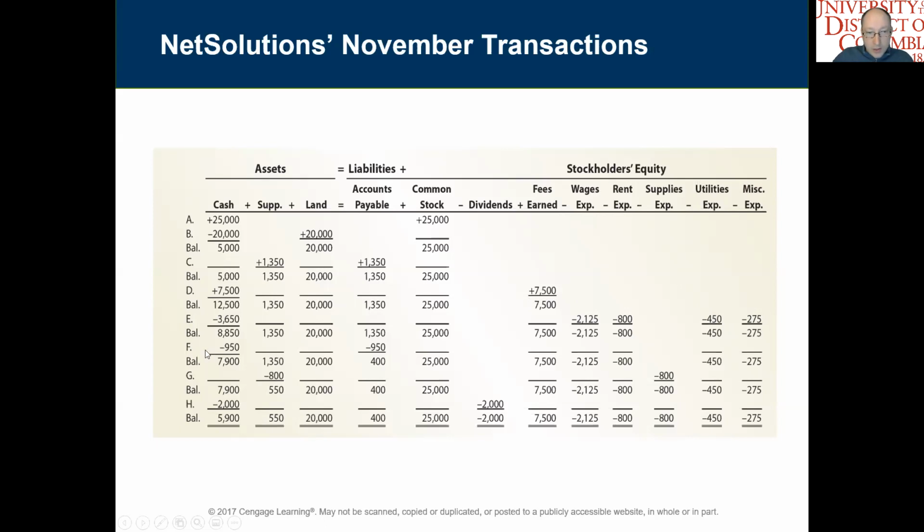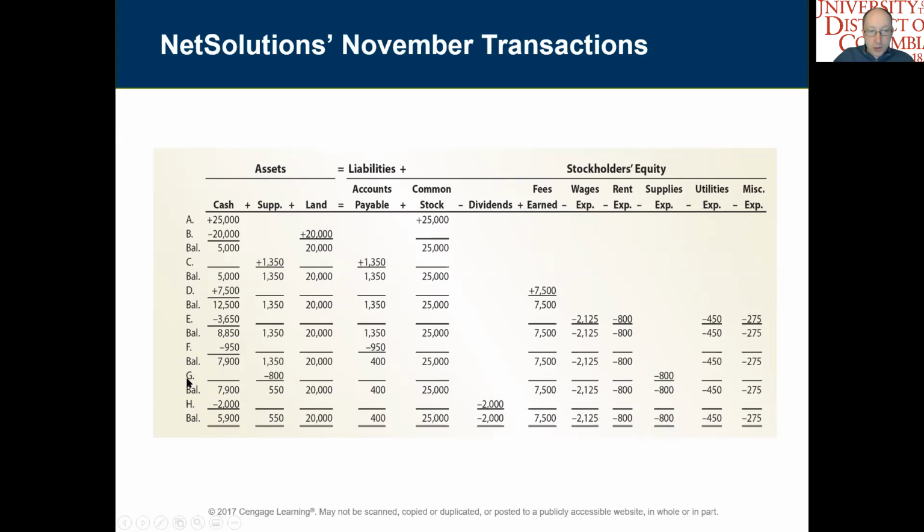And then in transaction F, it looks like we paid some of the things that we purchased on account, $950. So we reduce our cash by $950. We reduce our accounts payable by $950. And again, the accounting equation is still in balance.